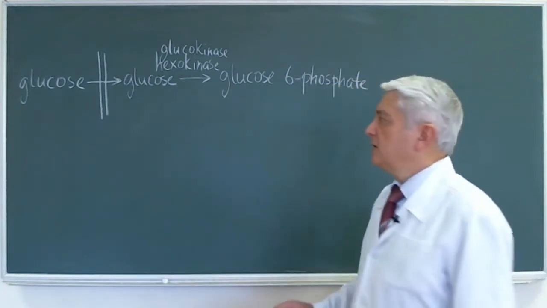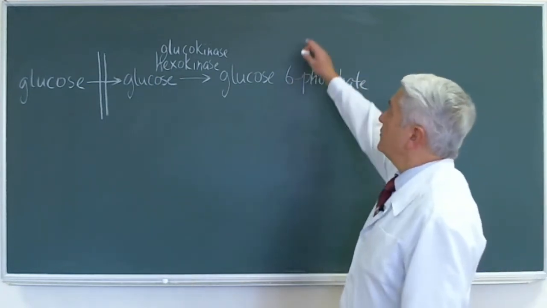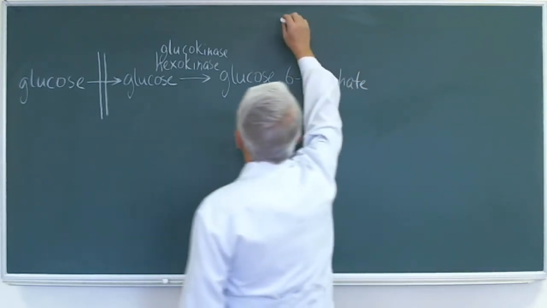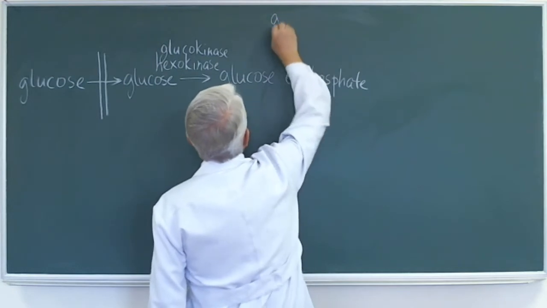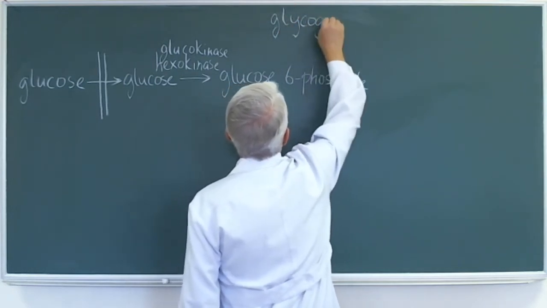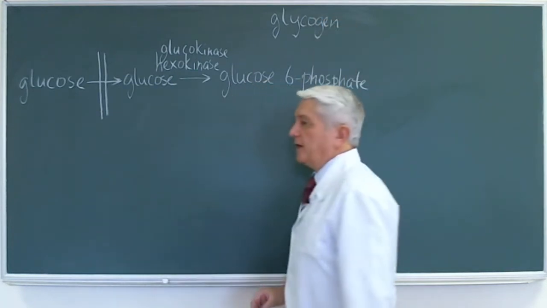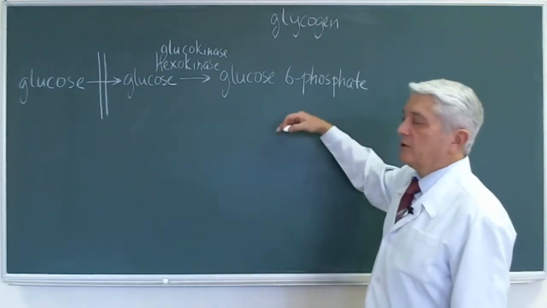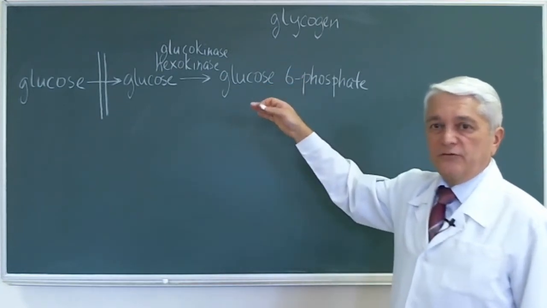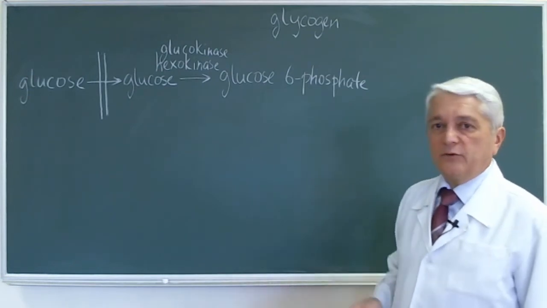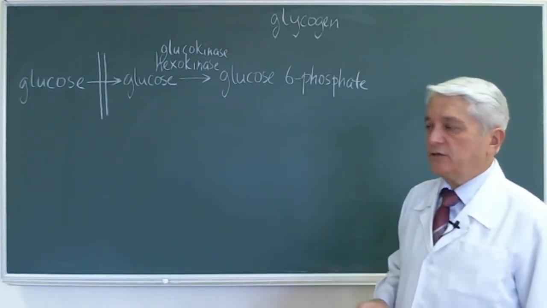So let's begin with glycogen. On the top of your page and on the top of my blackboard, I am writing glycogen. You know that glycogen is a polymer of glucose. So glucose at first is transformed to glucose 1-phosphate, and then after polymerization we are receiving glycogen.